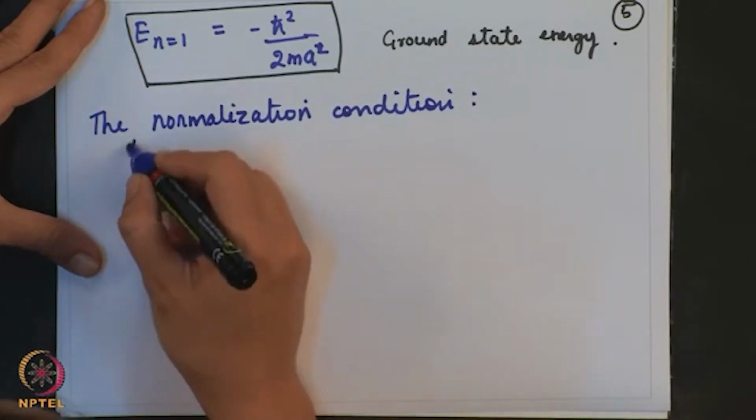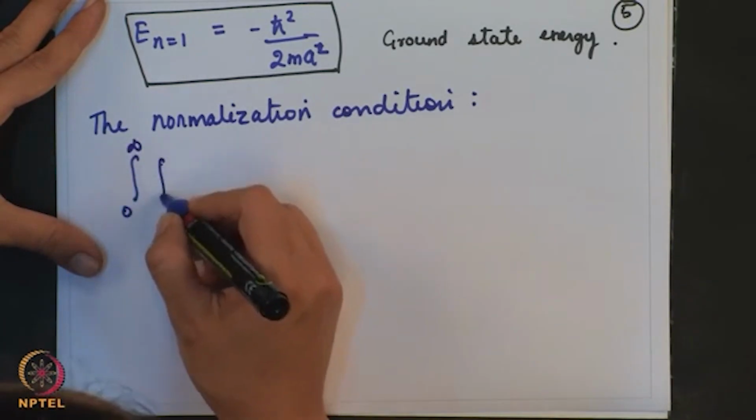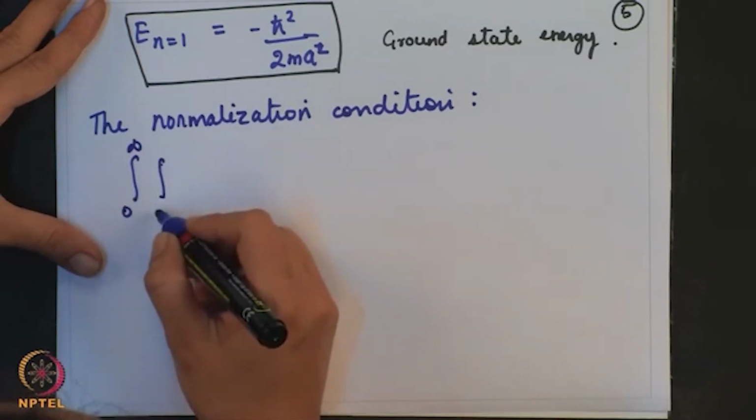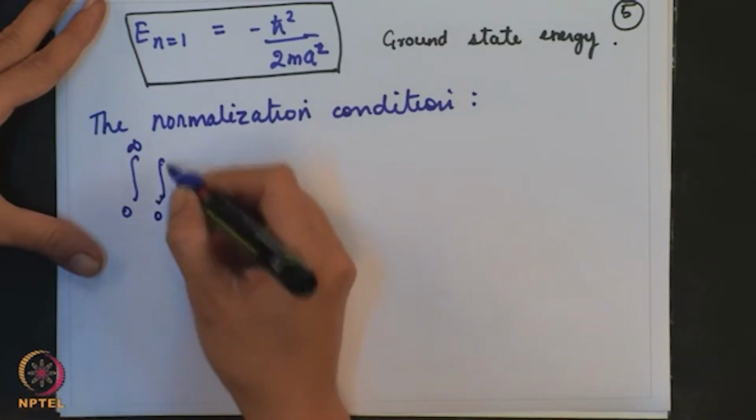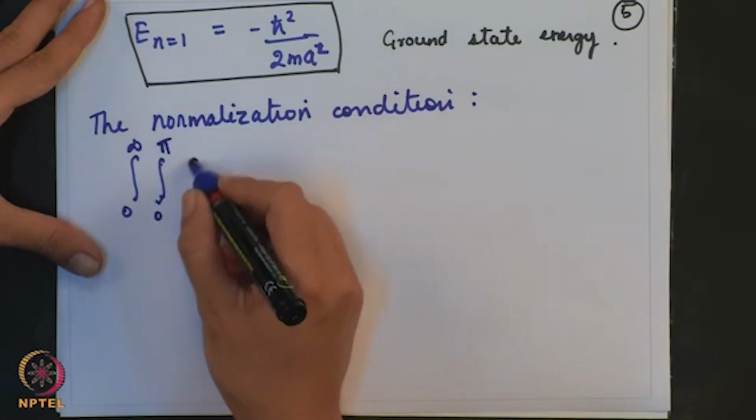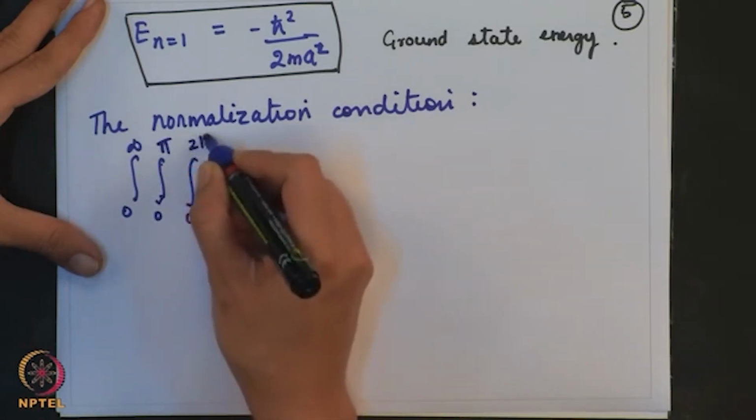So, r goes from 0 to infinity, theta goes from 0 to pi and phi goes from 0 to 2 pi.